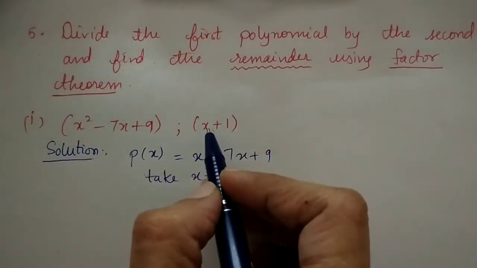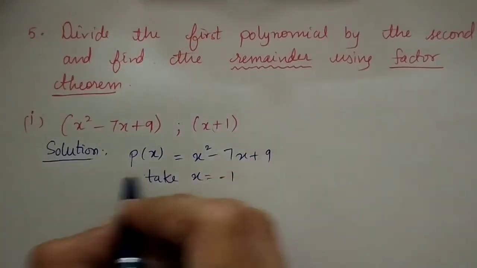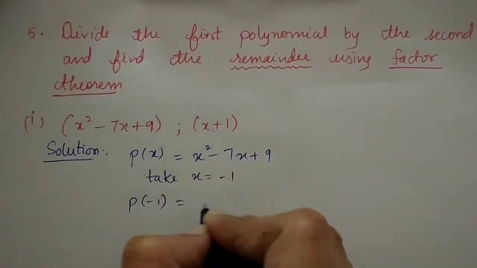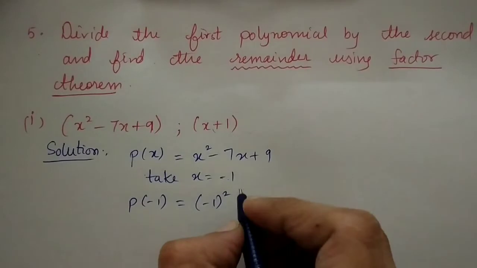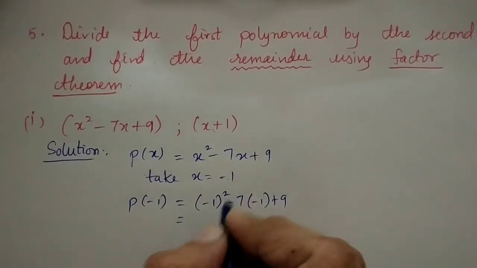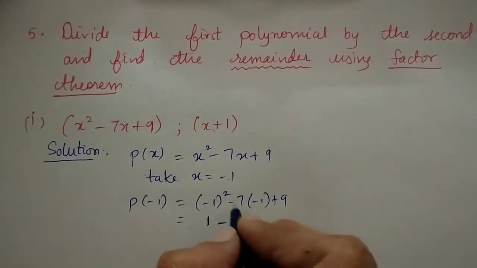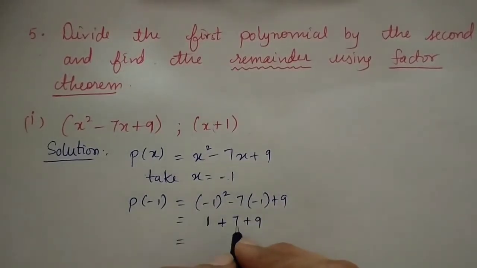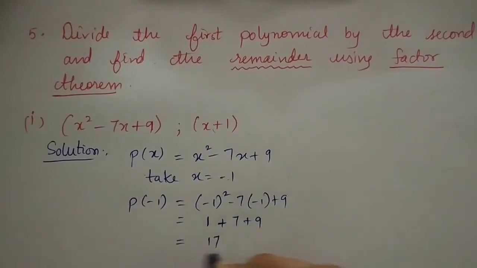Okay, so opposite of this plus 1 is minus 1, and this minus 1 we are going to put here. So p of minus 1 is equal to minus 1 square minus 7 into minus 1 plus 9. So minus 1 square is 1, minus into minus is plus 7 plus 9. So 1 plus 7 is 8, 8 plus 9 is 17.